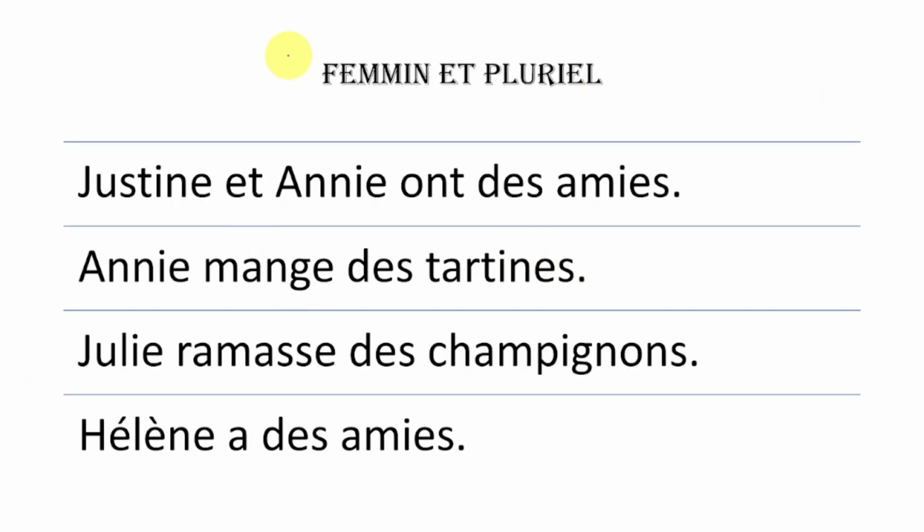So we come here. Justine et Annie ont des amis. This one comes from the verb avoir, to have. You see this one and this one sound the same. Forget about this T, it sounds just the same.